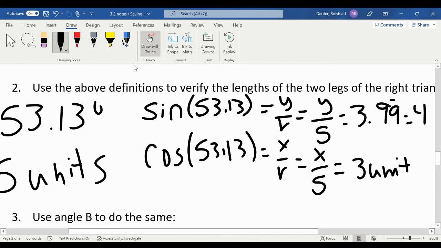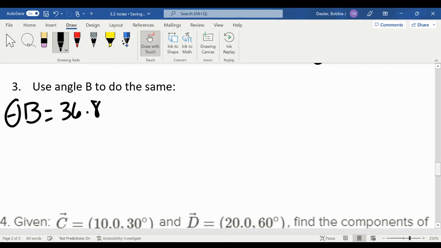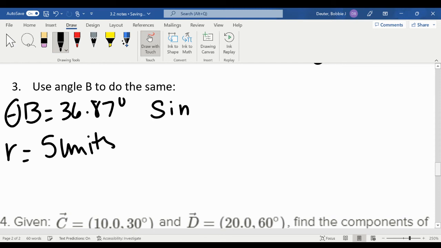So if we did the same thing for angle B, knowing the same concepts, we know that our theta, or our angle for B, is equal to 36.87 degrees. That's because we have a right triangle there, and r does not change. Our hypotenuse is still our 5 units. No change in that value. So this time when we find our sine, we have to go x over r because of the location.